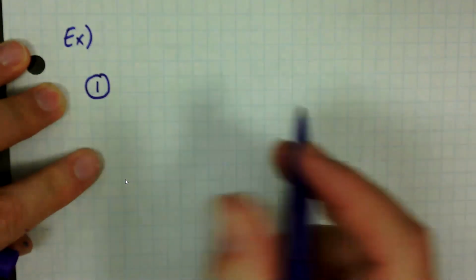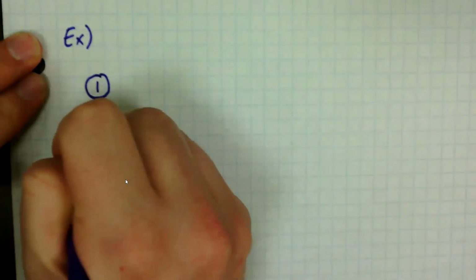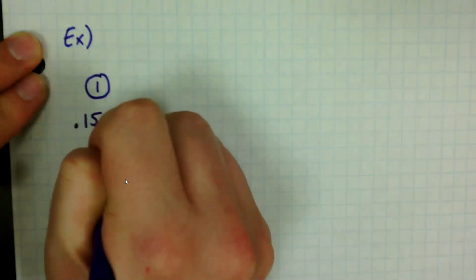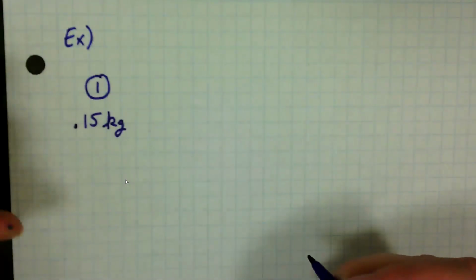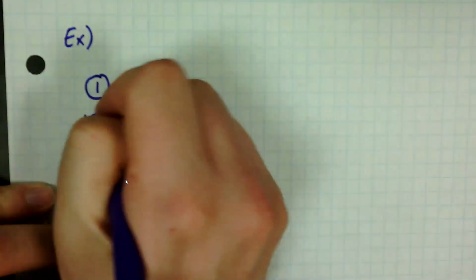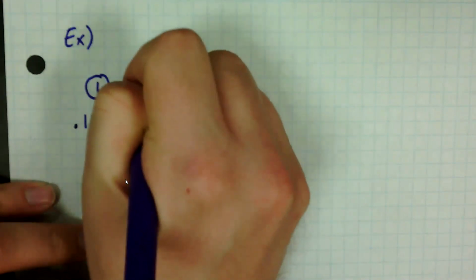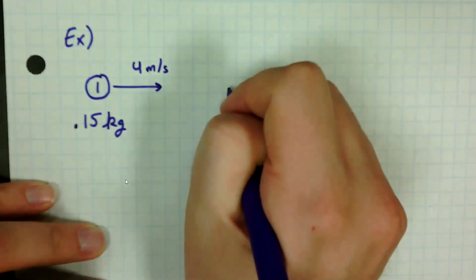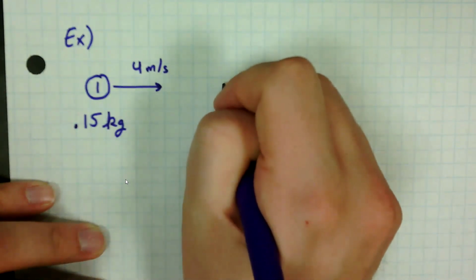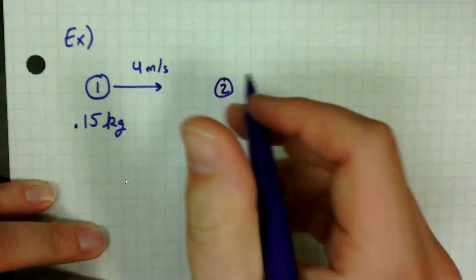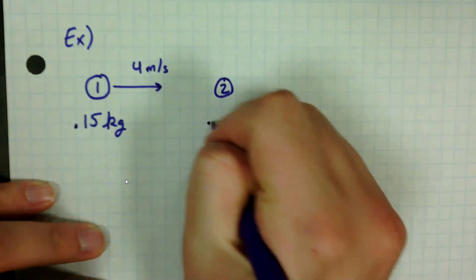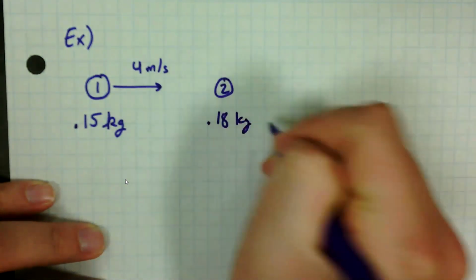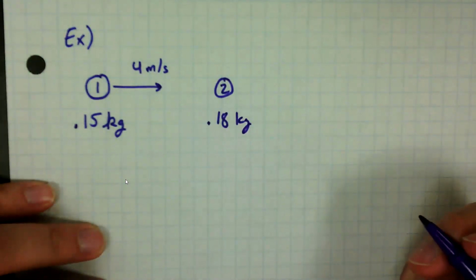So here's a problem we're going to try. We've got a 0.15 kilogram ball that's going 4 meters per second, and it crashes into a 0.18 kilogram ball.